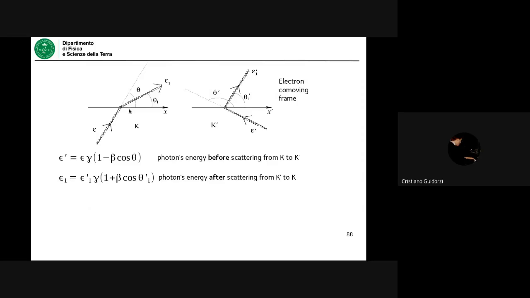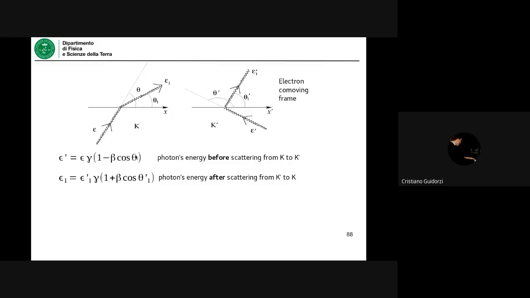Now, let's assume we already calculated epsilon 1 prime, the final photon's energy in the comoving frame. Now we have to get back to the lab frame. So it's just a matter of applying the inverse Lorentz transformation, which means it's equivalent to exchanging the primed quantities with the unprimed ones and changing the sign of beta.